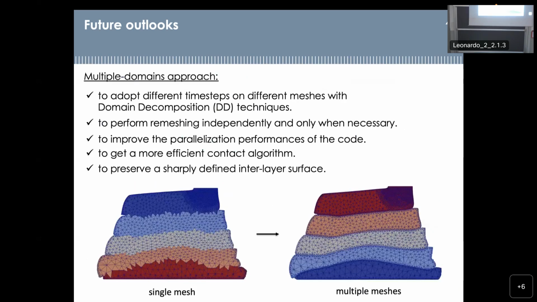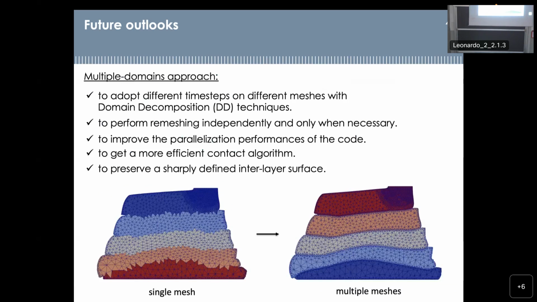And just to give you a very general idea of what we are currently doing, this is my last slide: instead of a single mesh, which is what we did in all the examples I presented to you today, we use multiple meshes on each layer, and we could also think to use different meshes on different portions which are not the layers.